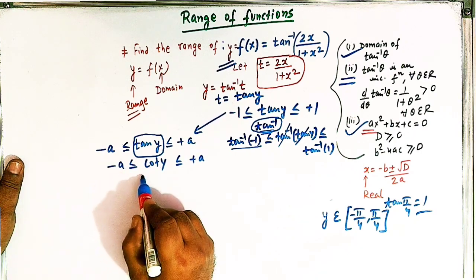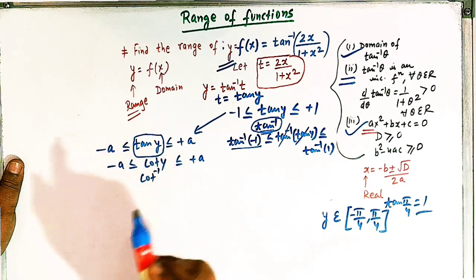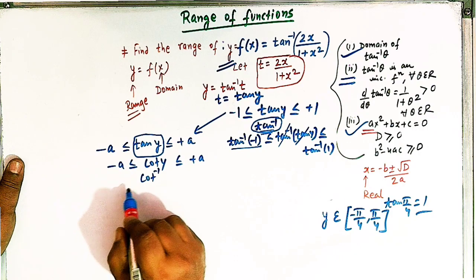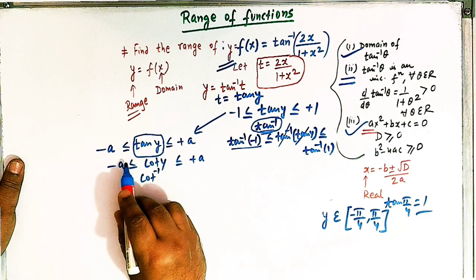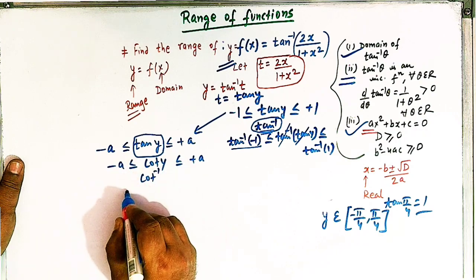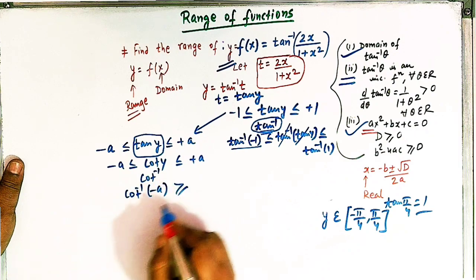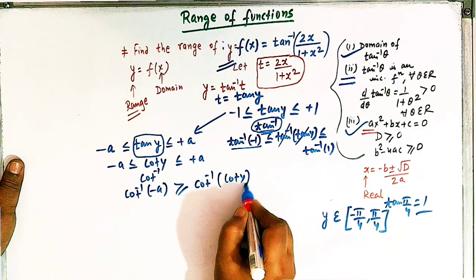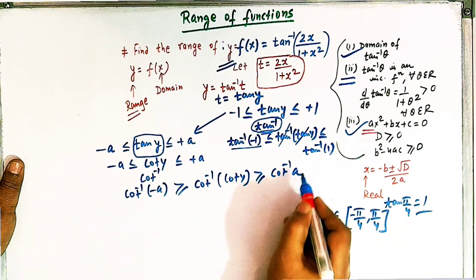Now if we take the cot inverse of all these three numbers, then the direction of the inequality gets reversed, right? So the moment we take the cot inverse of these three numbers, the direction of the inequality gets reversed. So we'll write cot inverse of minus a greater than or equal to cot inverse cot of y, and here we have cot inverse of a, right?